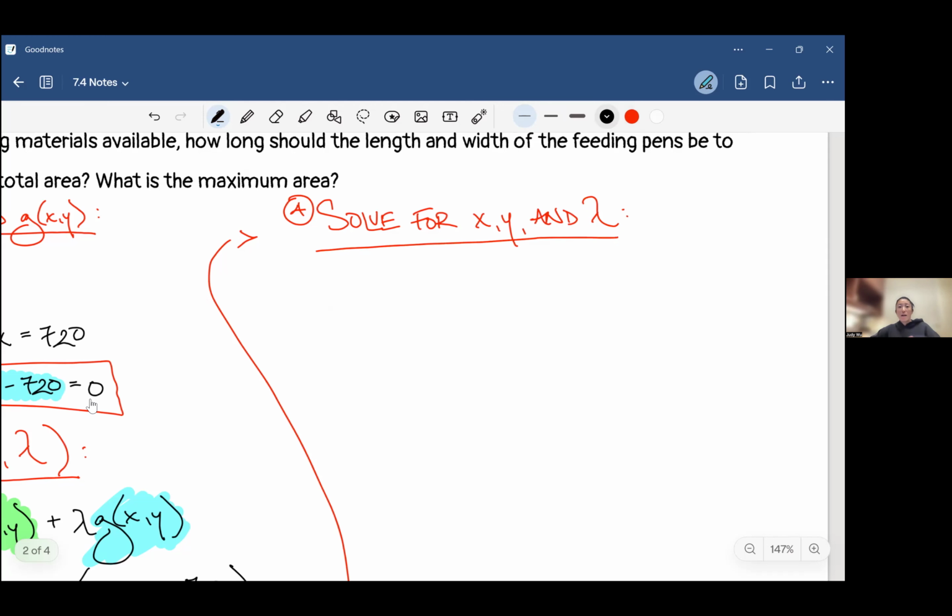Now, I'm just going to give you a heads up that when we solve for x, y, and lambda, it is going to be some kind of algebra. And the algebra is going to be different from problem to problem. And so I think the hardest part here is really about being flexible in your brain about what methods you might want to use. Maybe you do some substitution. Maybe you do some elimination. It could be a lot of things, and we need to be willing to go with it.